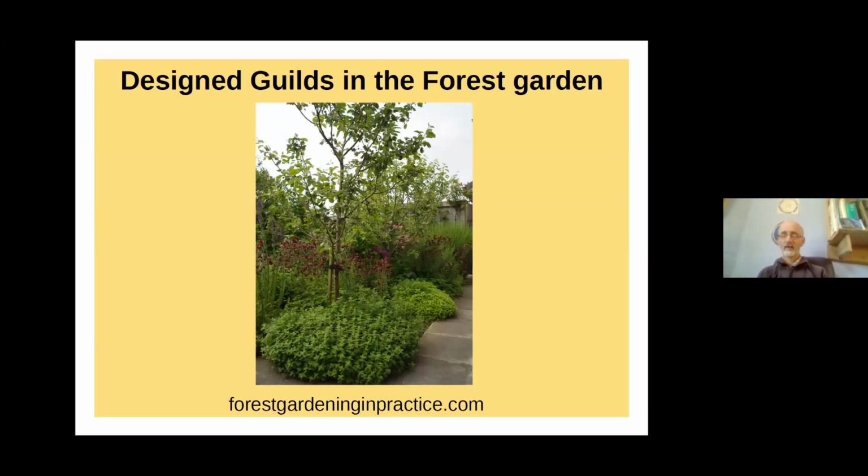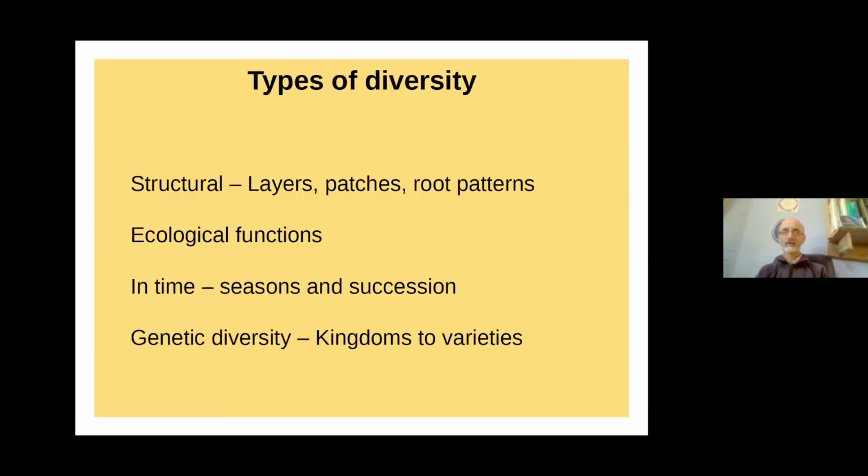Just to summarize again, if you haven't watched the first video, there are fundamentally four different types of diversity. We can look at structural diversity, which is like the seven layers above ground: tall trees, smaller trees, shrubs, tall herb layer, ground cover, root crops, and climbers.